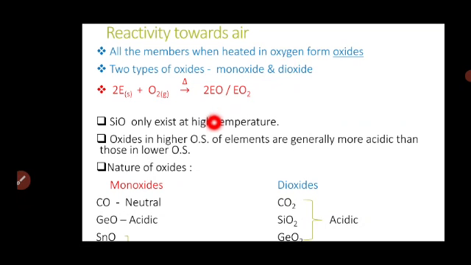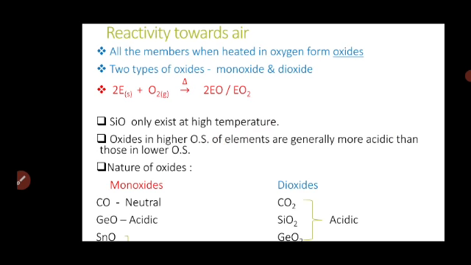Now SiO, that is silicon monoxide, only exists at a very high temperature. Oxides in higher oxidation state of elements are generally more acidic than those in lower oxidation state.